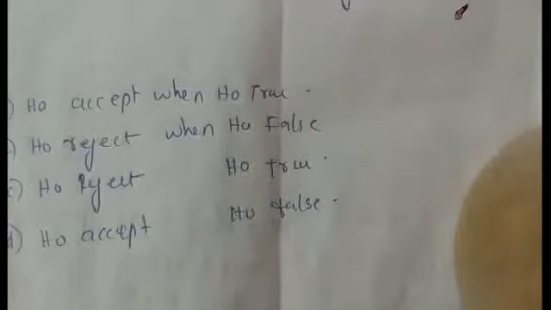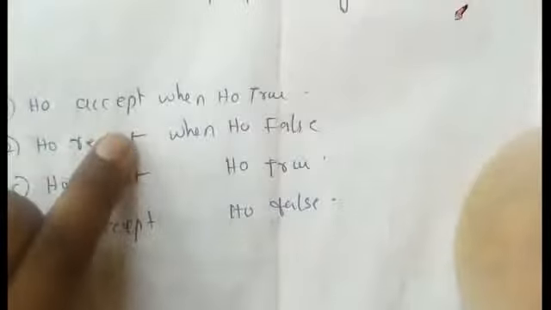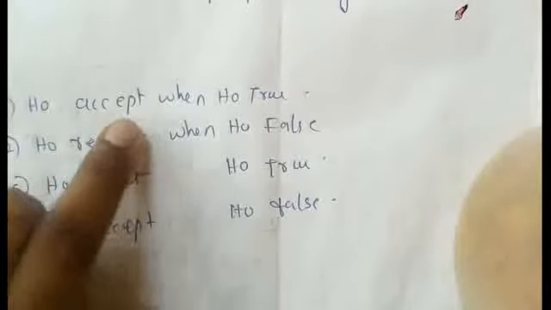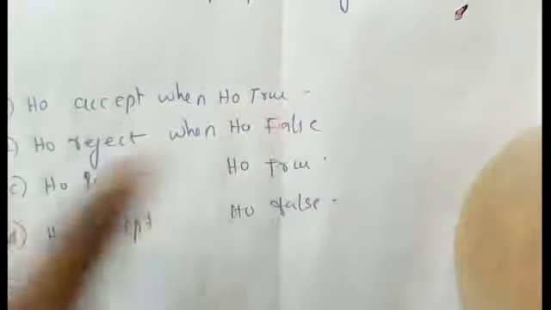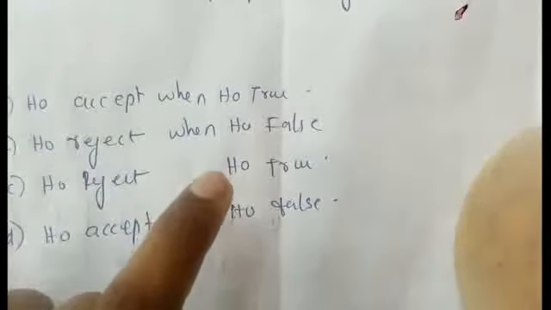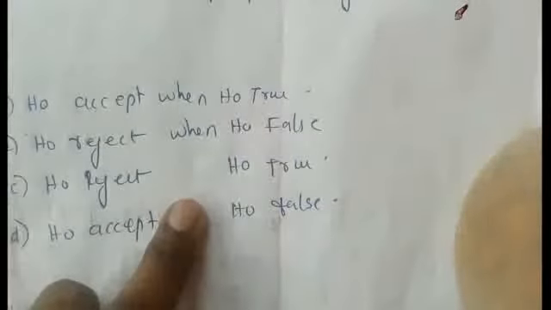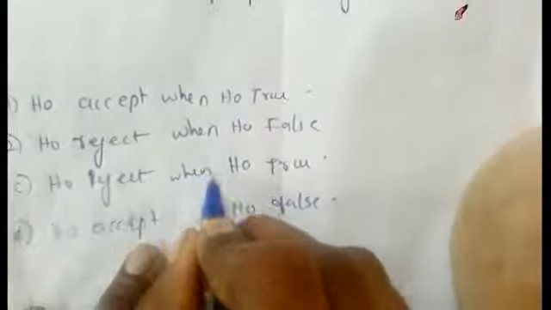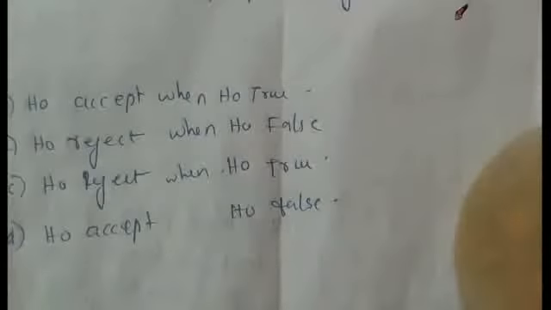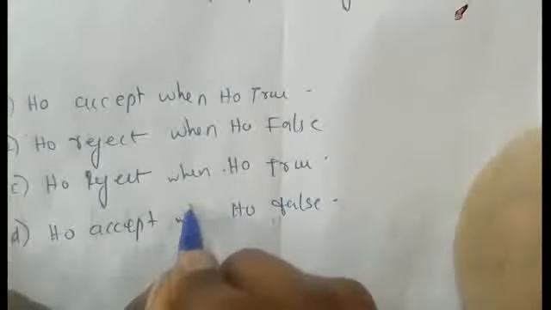Based on these criteria we have four possibilities: H0 accepted when H0 is true; H0 rejected when H0 is false; H0 rejected when H0 is true; H0 accepted when H0 is false.